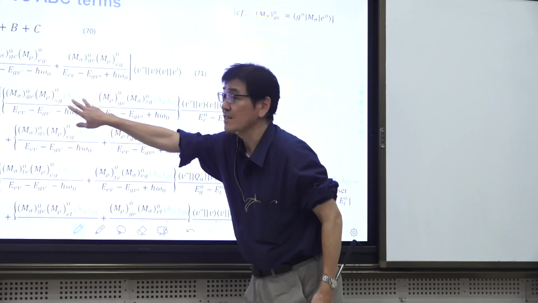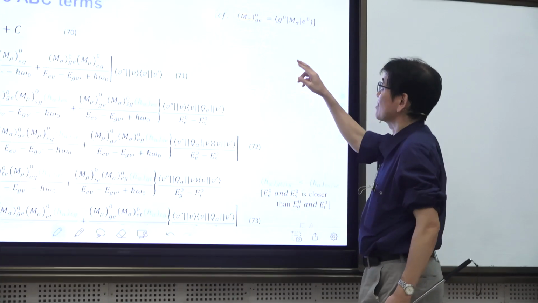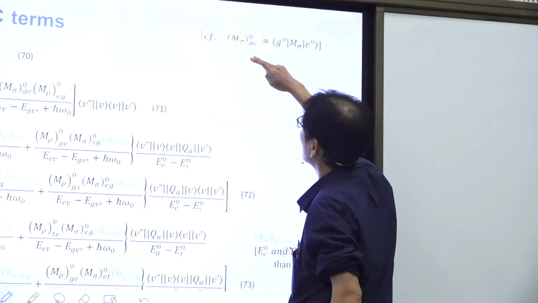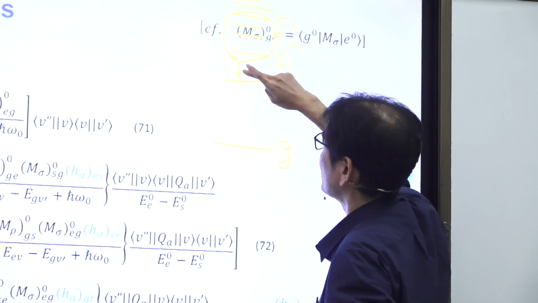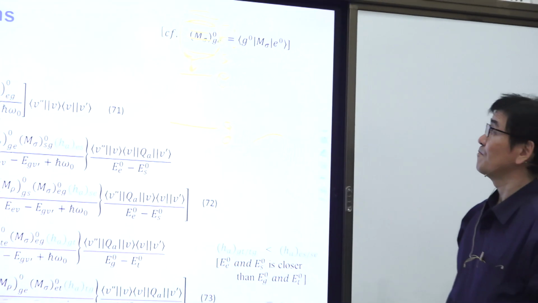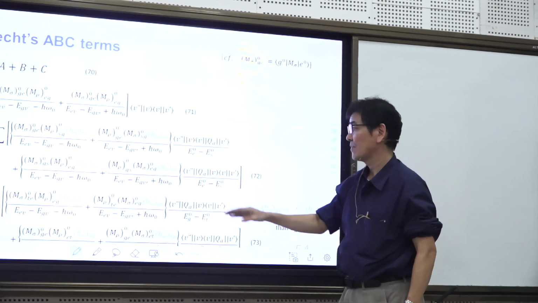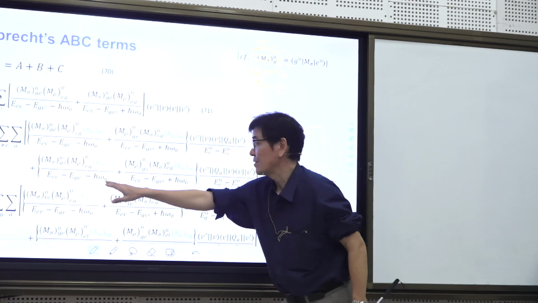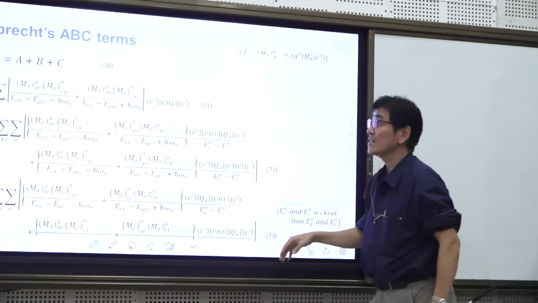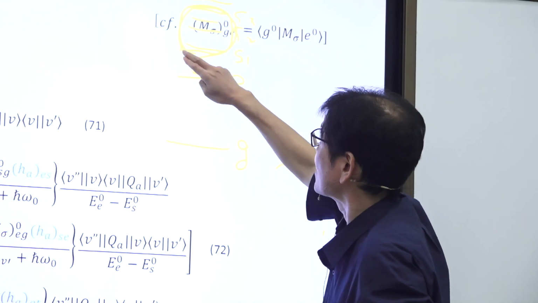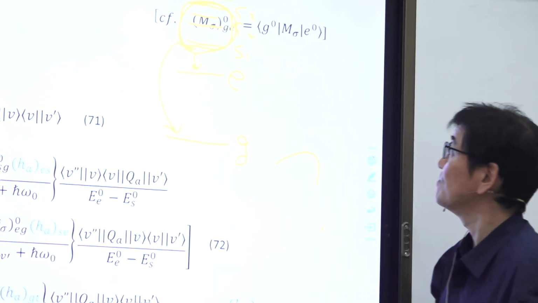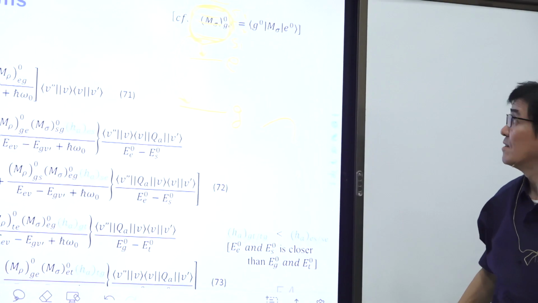HAES indicates the mixing coefficient of these wave functions into E. On the other hand, HAGT indicates a mixing of these wave functions into G. Okay?